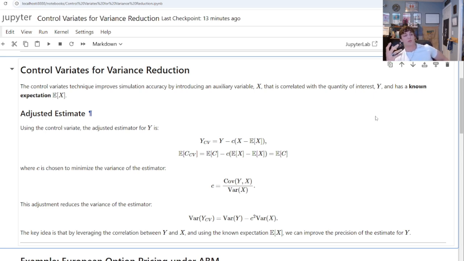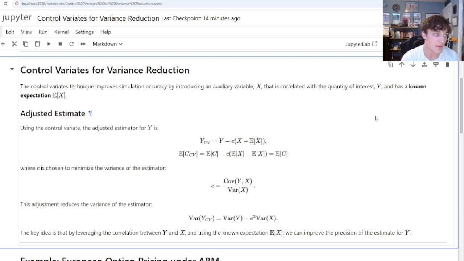But at a high level, we're using other variables, other information that we have anyway within a simulation, to aid in that final estimation. And it turns out when you use other information that happens to be highly correlated with the quantity of interest, you can achieve significant variance reduction. And that leads to more precise, keyword precise, estimation.